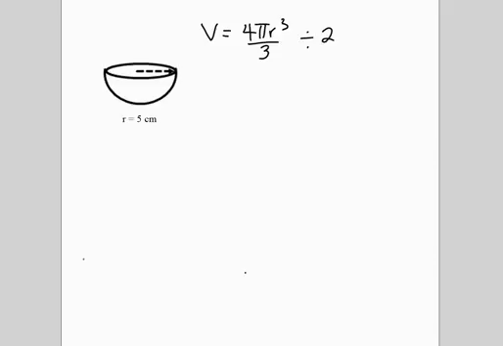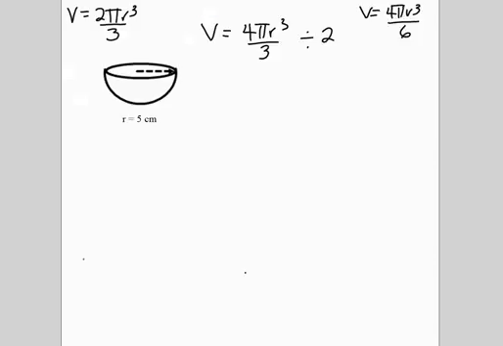But actually, because this is a relationship with division and multiplication, we're actually going to divide by 6 if you wanted to do that. Some people will notice, well, if I'm multiplying by 4 and dividing by 2, couldn't I just multiply by 2? So if you want, you could also use this formula, 2 pi r cubed divided by 3, or you could use this formula, 4 pi r cubed divided by 6.